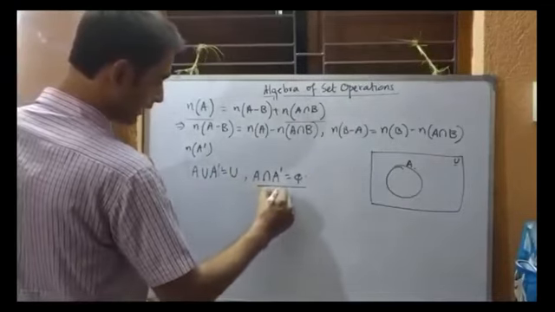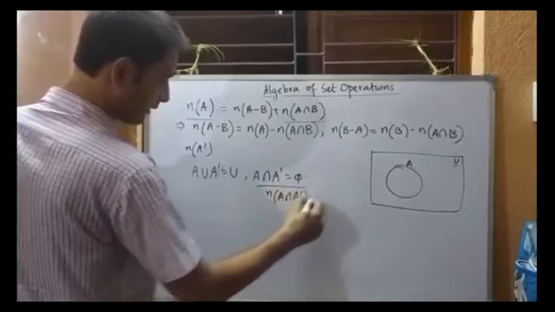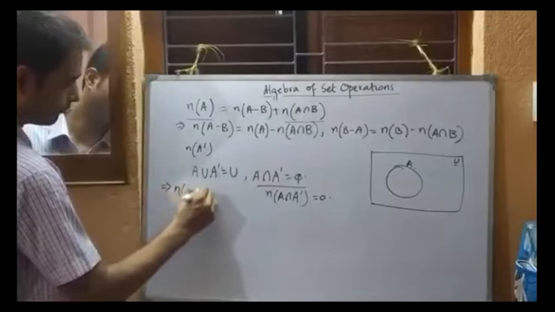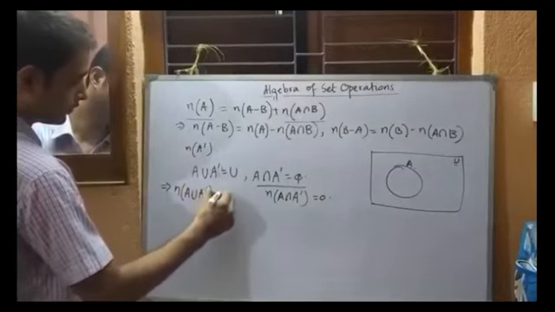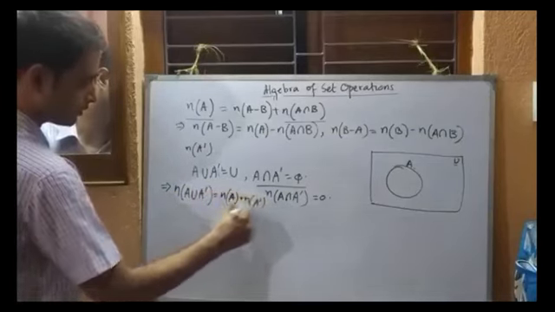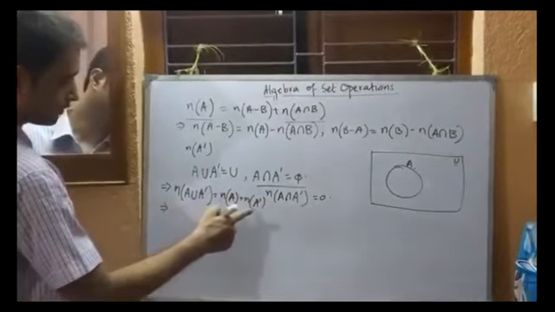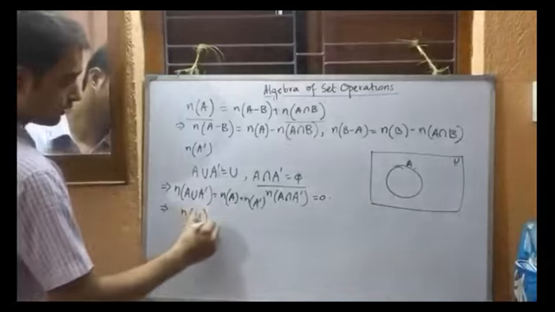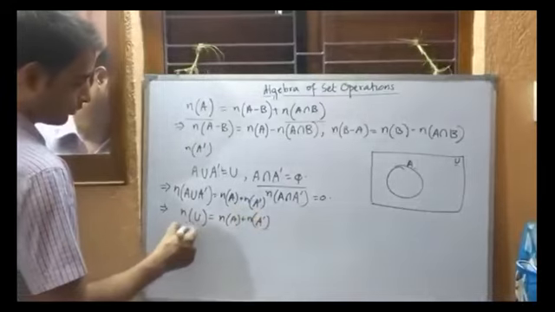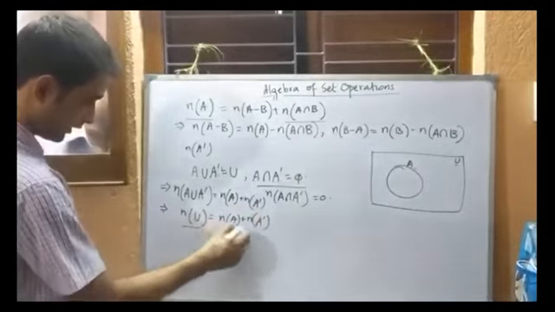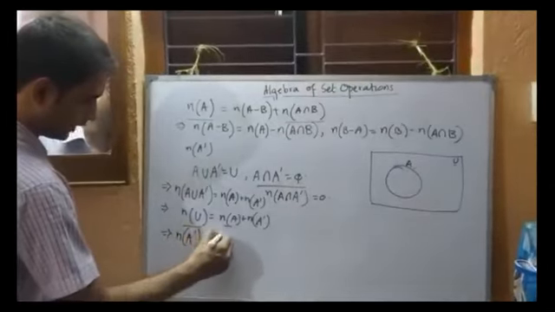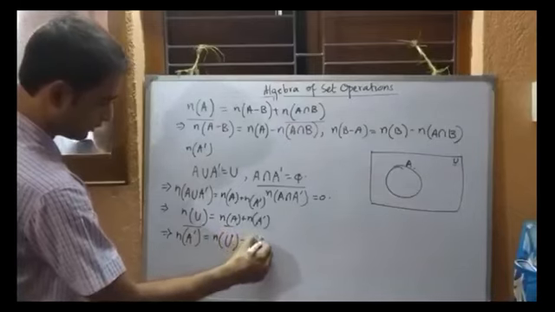So from here we can say n of A intersection A complement is 0, and n of A union A complement is equal to n of A plus n of A complement, which is nothing but n of U. So n of A plus n of A complement will be n of U. Now n of A and n of U are given. So from here we can say n of A complement will be n of U minus n of A.